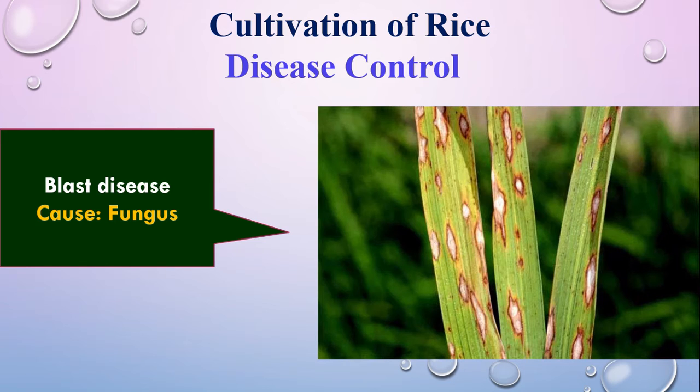And the control measures of these diseases: you can use disease-free seed, then apply potash fertilizer, definitely as top dressing, then the seed has to be treated before planting, then hold water in the land, then apply manure in the land, and transplant disease resistant rice varieties such as BR3, BR14, BR15, BR16, BR24, BRRI dhan28.